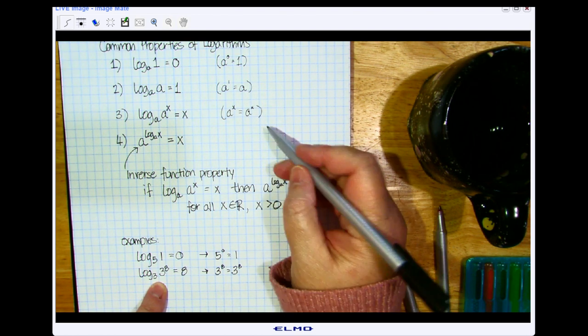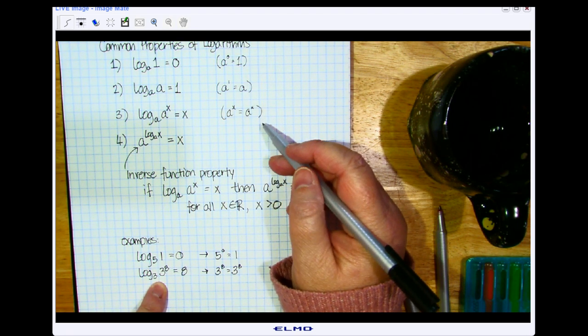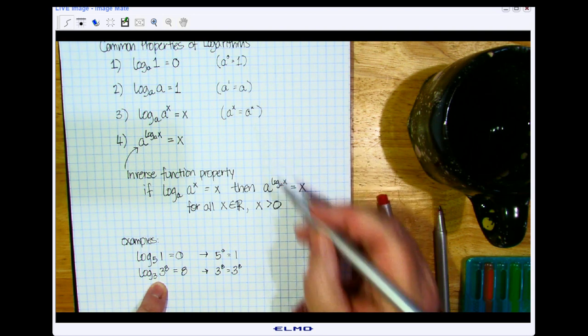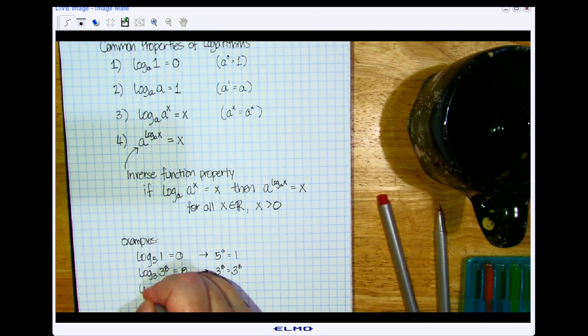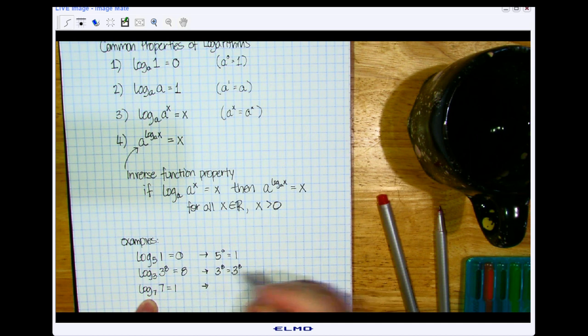This is coming from the third property. Log base 7 of 7 has to equal 1 because 7 to the first power has to equal 7.